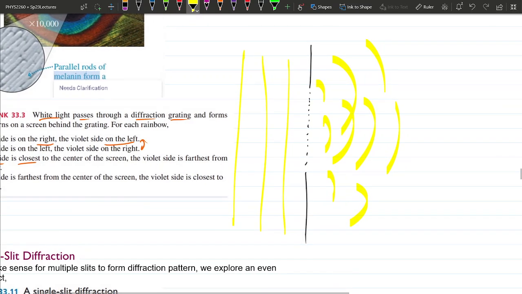What you're going to see on the screen is some diffraction grating. There'll be a bright spot in the middle no matter what. Both purple and red will be in the middle. So how should I draw the red ones compared to the purple ones? If the red one is here, where would the purple one be?